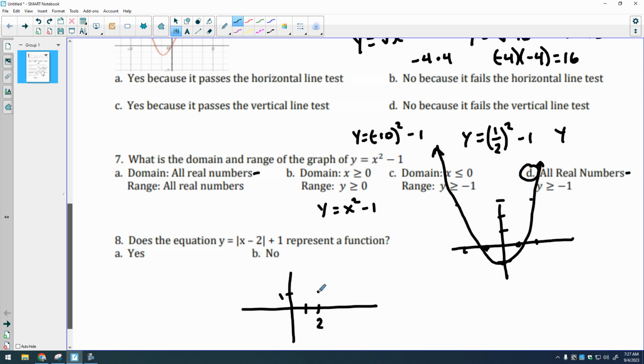When x is 2, y is 1, and I simply get my V coming up off of that. Its slope is 1 to 1 on both sides. If I move over 1 in the x direction, I go up 1 in the y direction. If I go over 2, I go up 2, and so on.